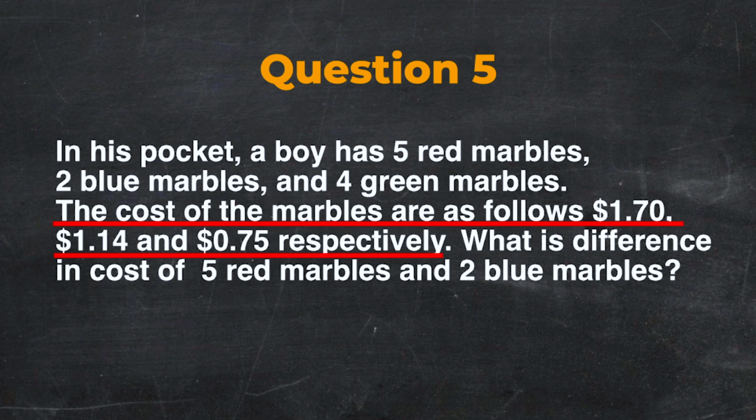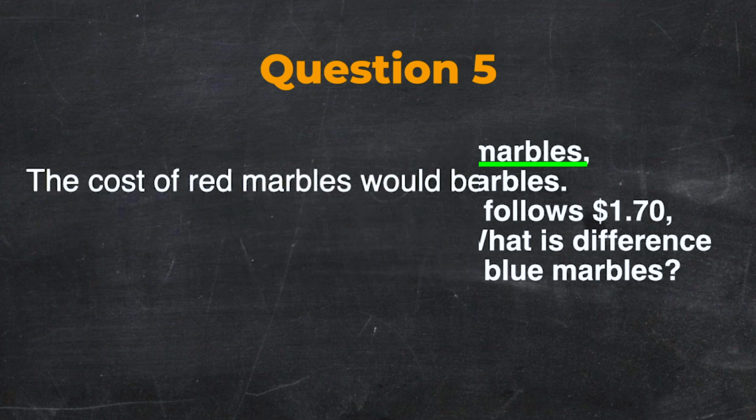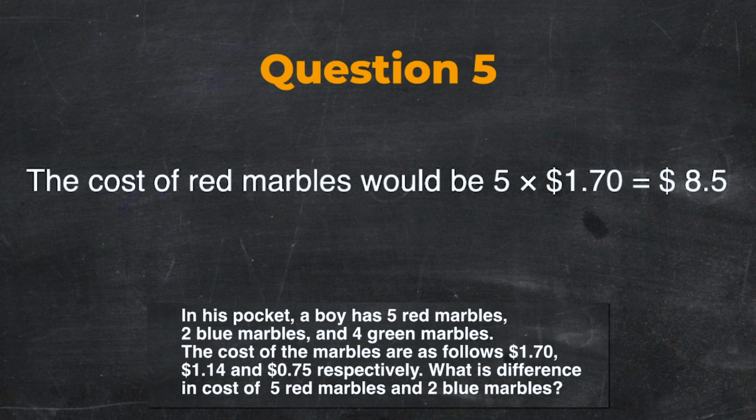So the cost of the red, the blue, and the green marbles are as follows: $1.70, $1.14, and 75 cents respectively. There are 5 red marbles and 2 blue marbles. What do you need to solve this problem? The cost of the red marbles would be 5 multiplied by $1.70, which would give us $8.50.